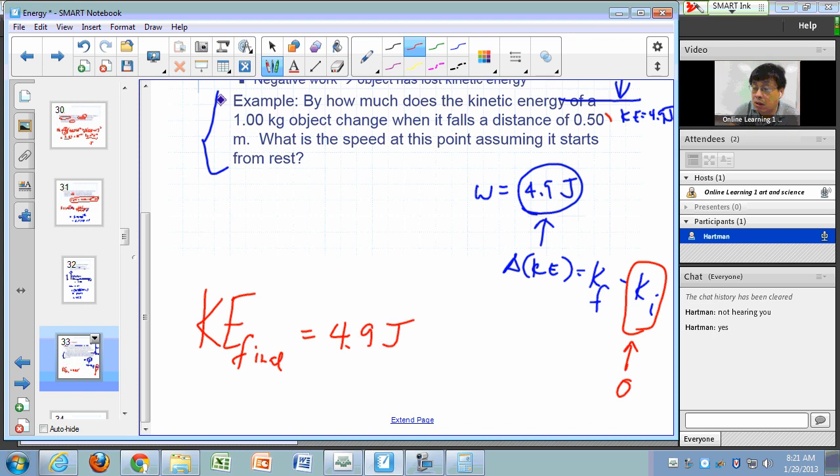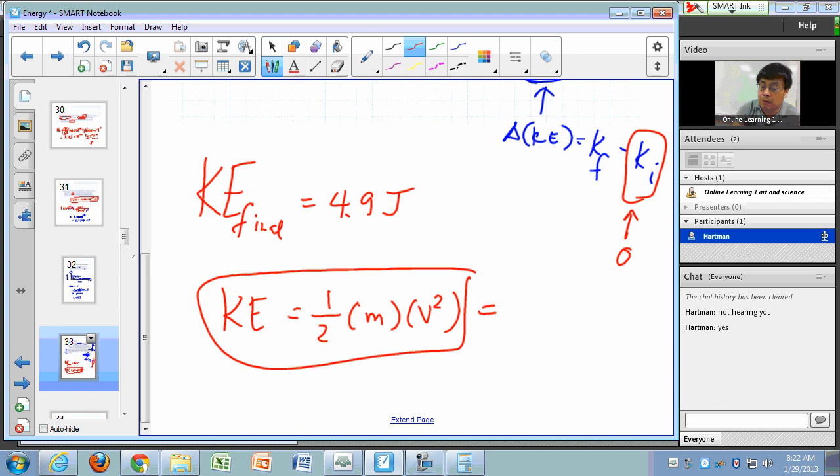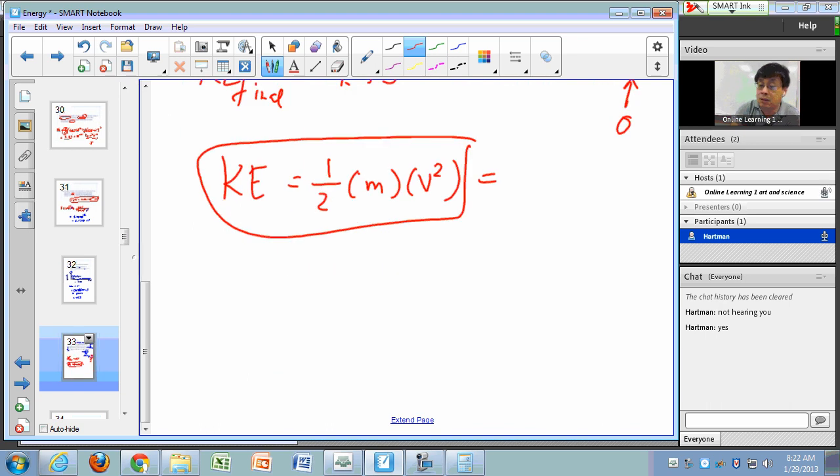How are we going to solve for the speed at that point? How is speed related to kinetic energy? Kinetic energy is 1/2 times the mass times the square of the speed. So you can equate those two and solve for the speed. Let's do a little algebra here. I'm going to multiply both sides of the equation by 2. So I have 2 times kinetic energy equals 2 times 1/2, which is just 1, so that's just mass times the square of the speed.